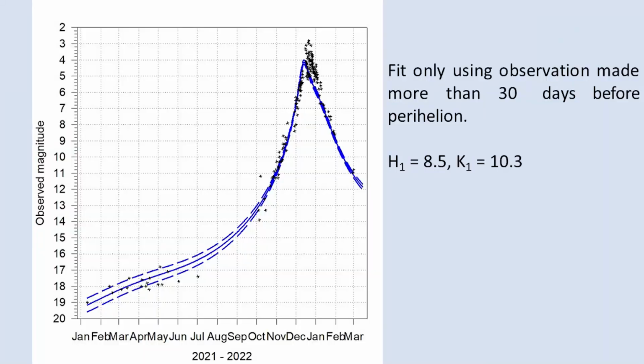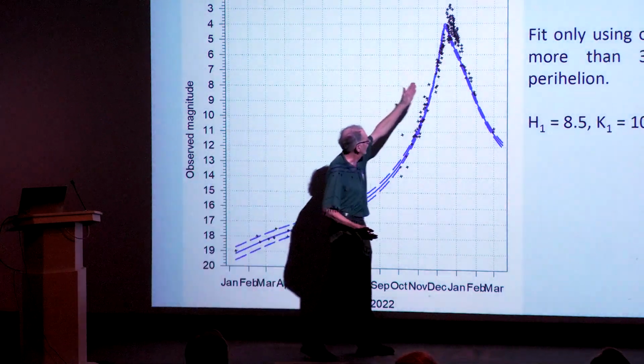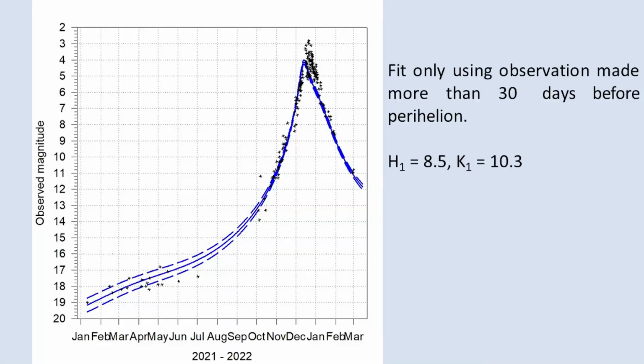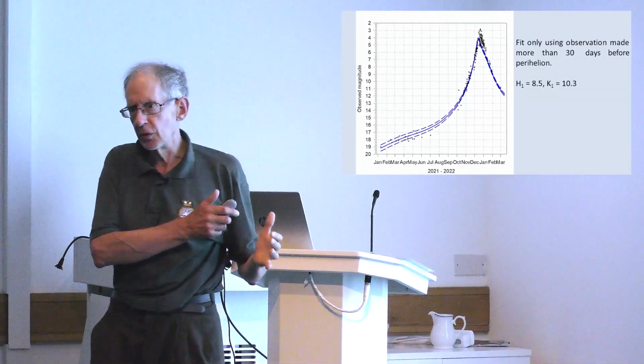So here I've used only the observations made more than 30 days before perihelion. And again, by and large, we get a pretty good fit the whole time. Taking that as a basis, just in case there was an outburst when the comet was brightest, what I've done is see whether there's a correction that's needed for the aperture of the electronic observations or the aperture of the visual observations.